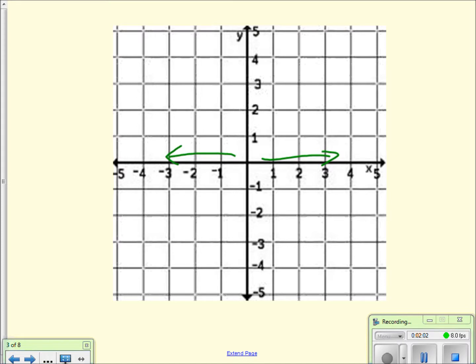The negative numbers go to the left, just like on a number line. If we look at the y-axis, think of it more like a thermometer: the positive numbers go up from the origin, the negative numbers go down from the origin. So you can see how the numbers relate to the number lines and the thermometers that we worked with earlier in the year.